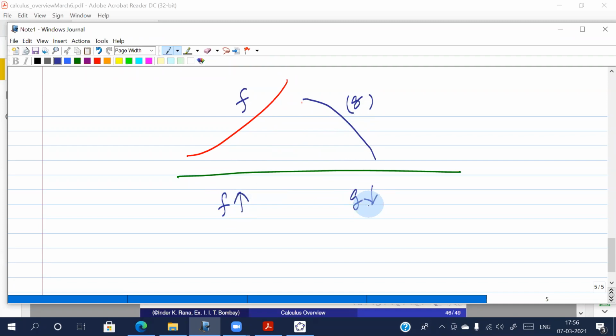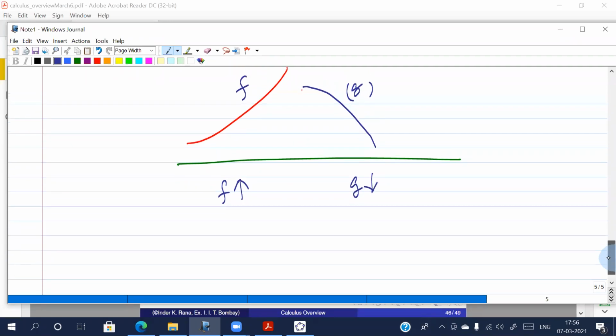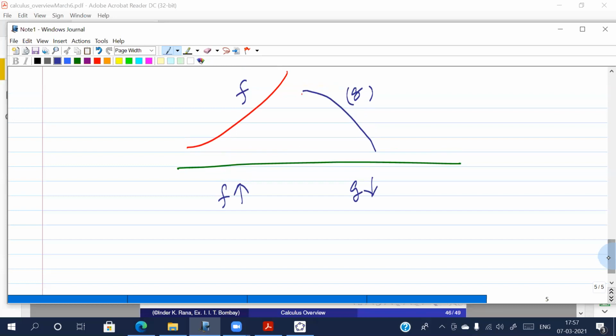Right. So can we say by looking at the function whether it is increasing or decreasing? Of course, one way is if you know the formula and you know the computations. Increasing means f of x1 is bigger than f of x2 if x1 is bigger than x2. That is the concept of increasing.